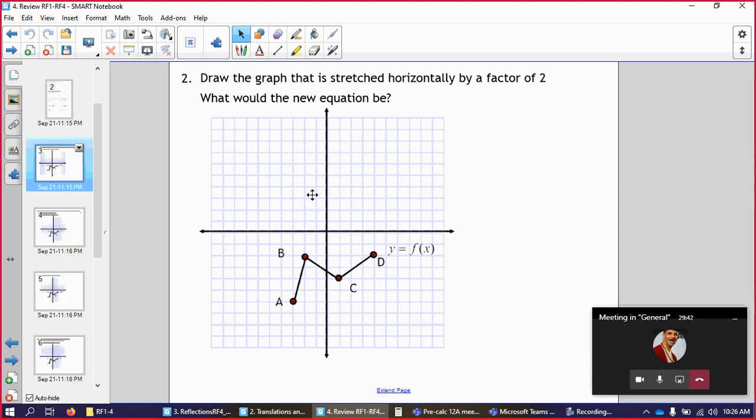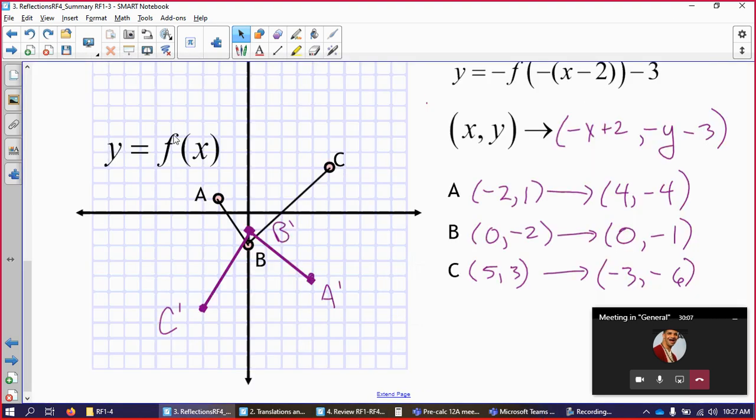Draw the graph of this so it's vertically stretched. Be able to label your points, write your mapping rule, and give me the new points because you're in grade 11. If you can generate the proper points, I trust you can all plot points. I'm not sure if that's a valid assumption, but those are the two things I will put up today, that completed bit.